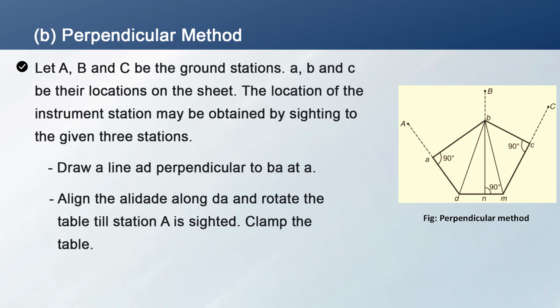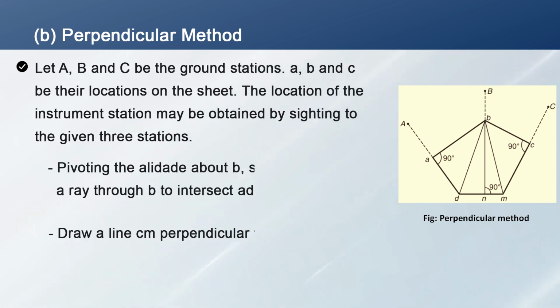Align the LED along da and rotate the table till station A is sighted and clamp the table. Pivoting the LED about small b, sight capital B station and draw a ray through b to intersect small ad at small d. Draw a line small cm perpendicular to small bc at point small c.